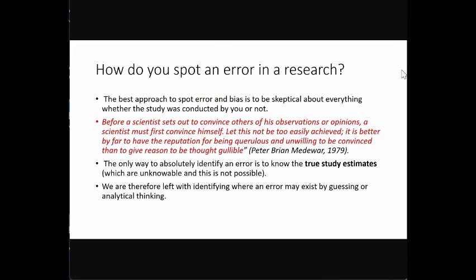Right? So how do we spot errors in research studies? The best approach to spot error and bias is to be skeptical about every study you are doing or you are reading. Never believe that they are perfect. Whether you are the one conducting it or not, just be skeptical.